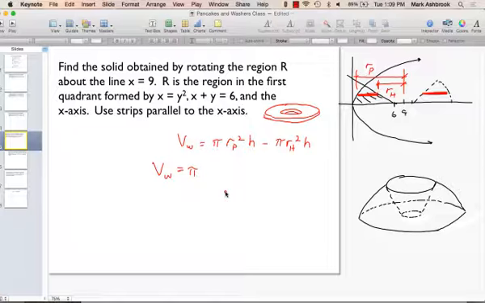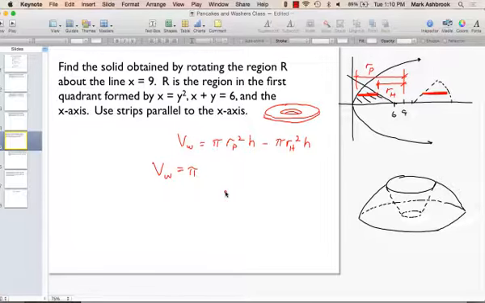It's 9 minus the quantity 6 minus y, squared, because that's the radius of the inside, the radius of the hole. At first I put x.